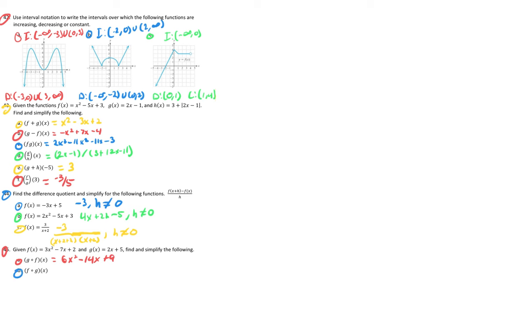Part B. F composed of g. We'll take the f function, and anytime we see an x, we'll plug in the g function. So that's how it's set up.